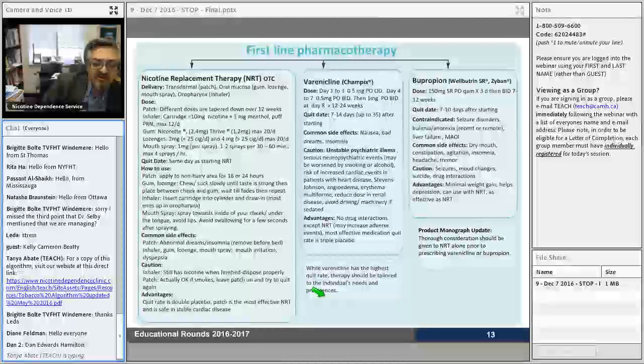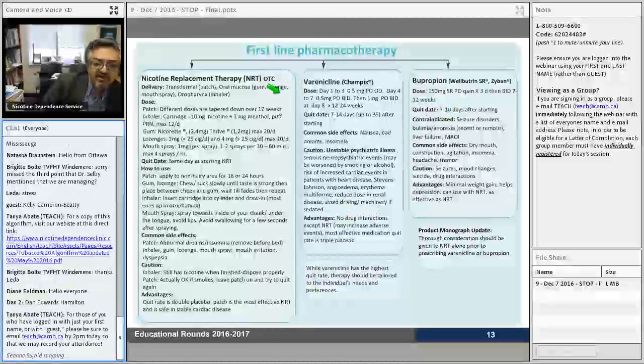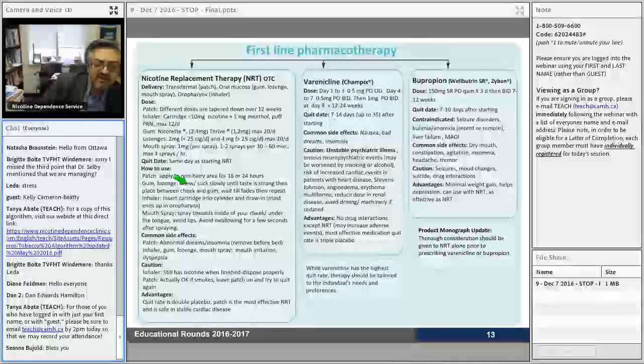This is very detailed, and I won't go into it, but generally we have a choice of 3 first-line pharmacotherapies, and previously nicotine replacement had to be given due consideration before we went to Varenicline or Bupropion. Nowadays, based on current results, we could look at ways in which we might better match people to these first-line therapies instead of having to do it in a stepwise way with nicotine first and then Varenicline or then Bupropion.